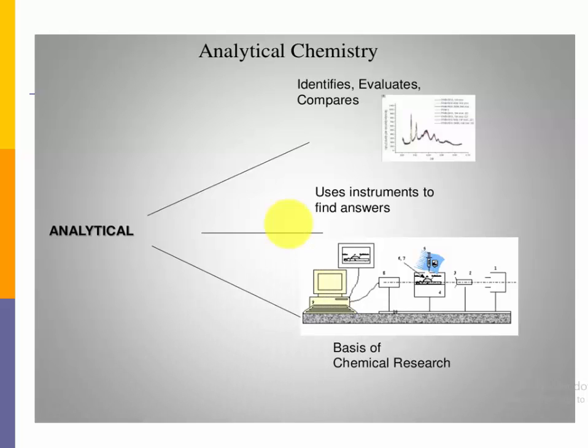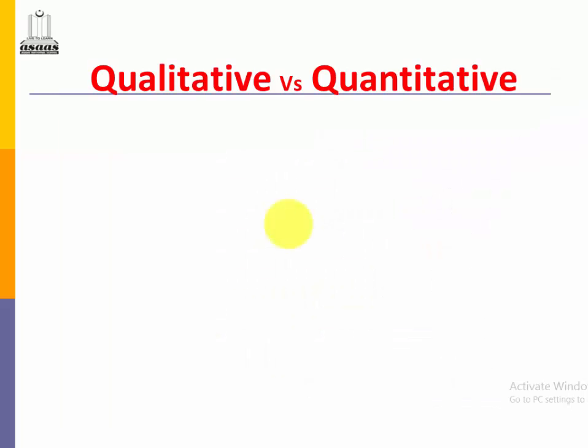In analytical chemistry, we use instruments to find answers, and we analyze the samples, identify, evaluate, and compare the different values.